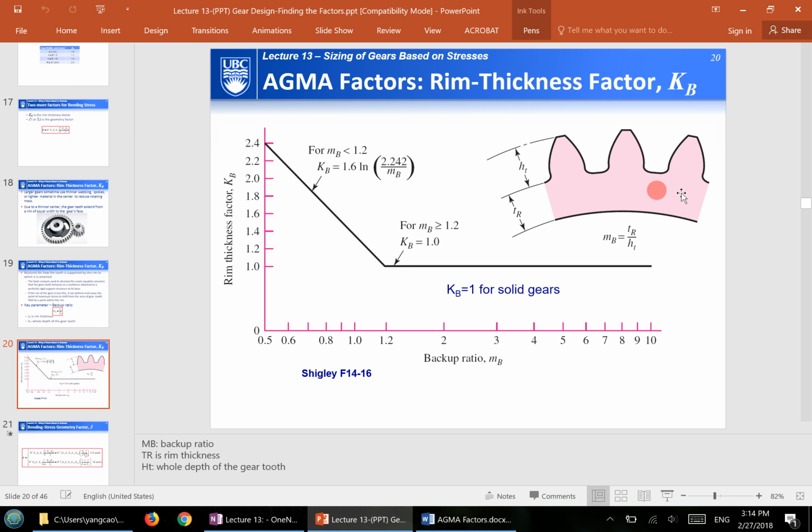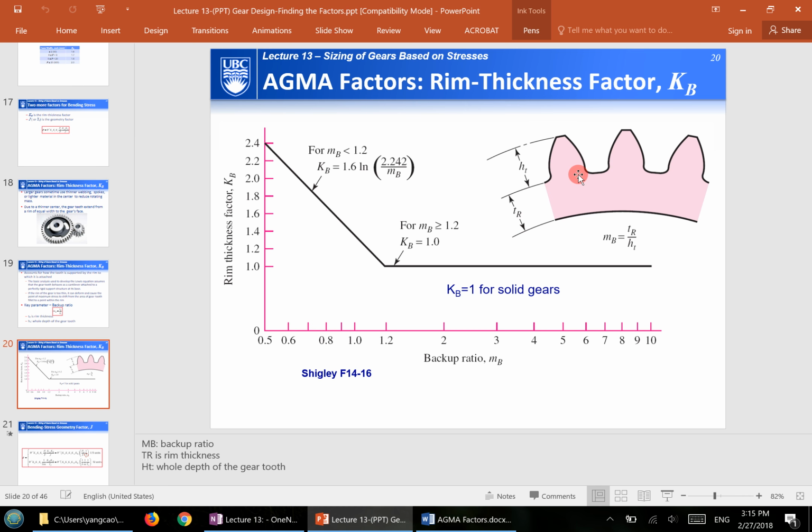The tR here is called the rim thickness, and ht is the working depth of the gear tooth. The rim is a very important part of the gear, because it's the part supporting the gear teeth. It's the base of the gear teeth.